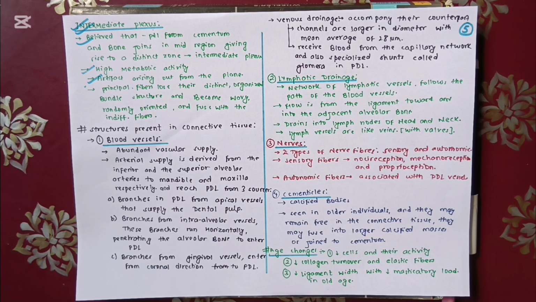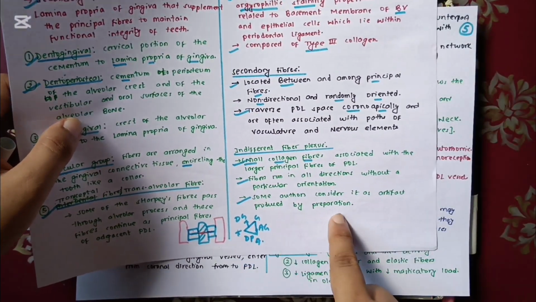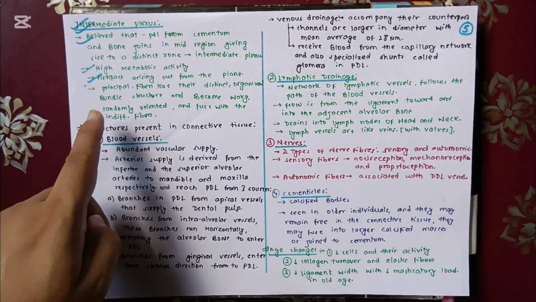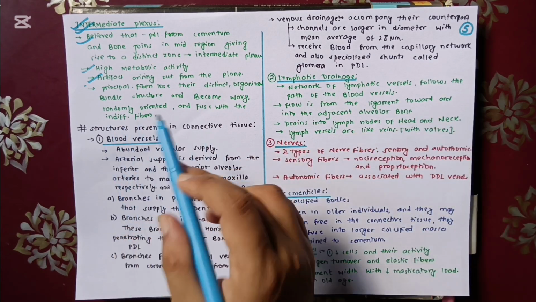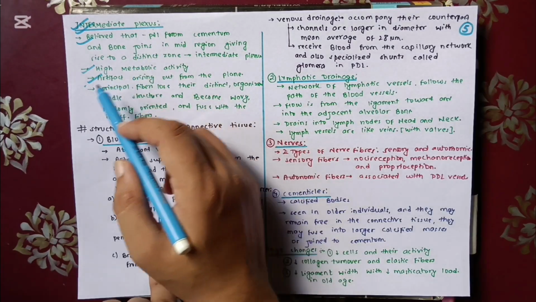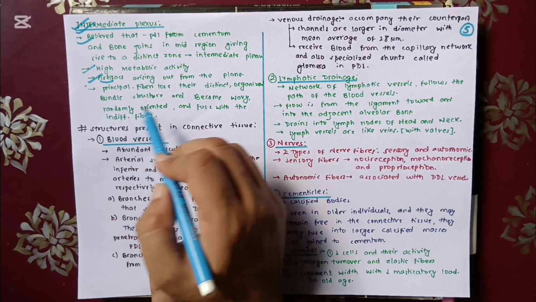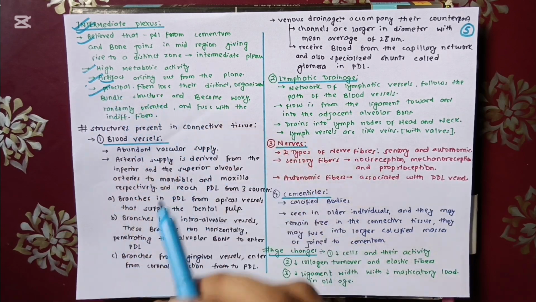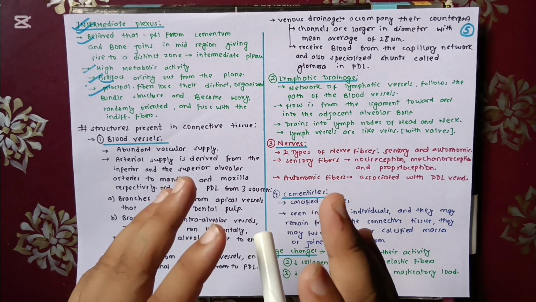I will show you once again, then you will be clearer. In the indifferent fiber plexus there are also artifacts sometimes; some authors tell that they are artifacts. Similarly here, in the intermediate plexus, some authors tell that they are artifacts. After that, the principal fibers lose their distinct organized bundle structure and become wavy, randomly oriented, and fuse with the indifferent fibers. So in this intermediate plexus, you just have to remember those 4 points.